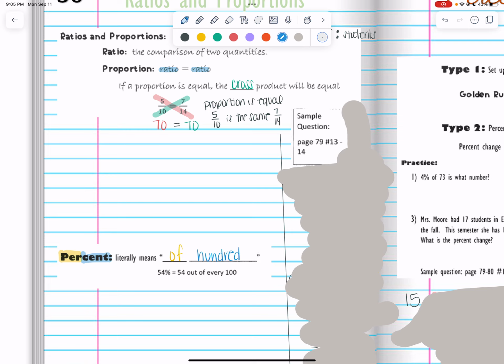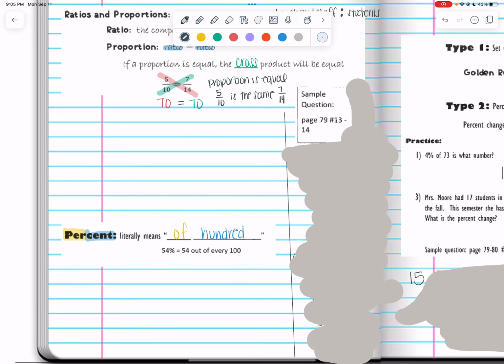So 54% means 54 out of every 100. Another way that we could write this is 54 over 100. And then, of course, we could reduce that down. But that's going to be another definition of a percent. The number 54 over 100, because it means of 100.